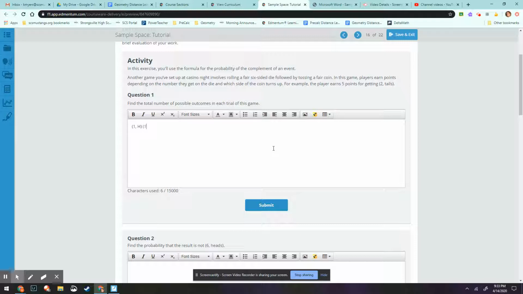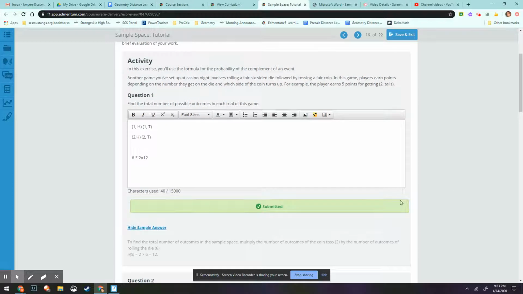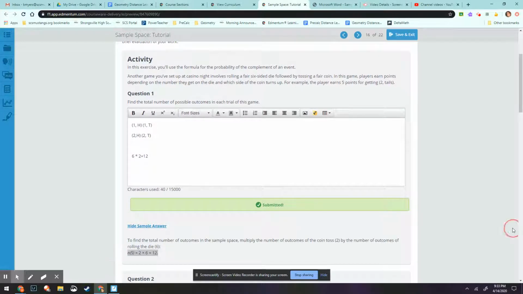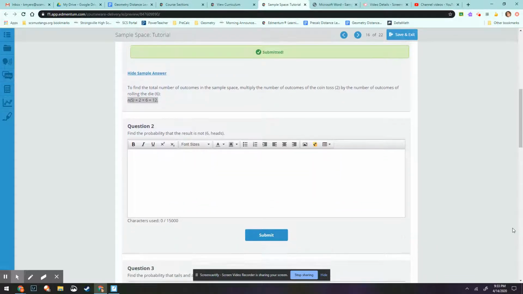You could roll a 1 and then get a tails. You could roll a 2 and get a heads. You could roll a 2 and get a tails, so on and so forth. So basically for the roll, there are 6 possibilities, and then for the coin toss, there are 2 possibilities. So 6 times 2 gives you 12, which is our total possible outcomes. So that's the total number of outcomes we can have.